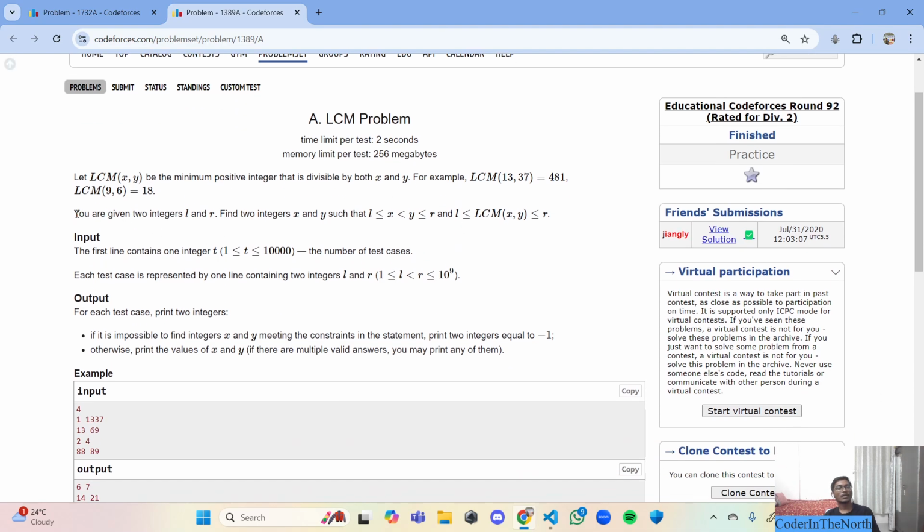We are given two integers L and R. Find two integers x and y such that x and y both lie between the range L comma R, and the LCM of x and y also lies between L comma R.